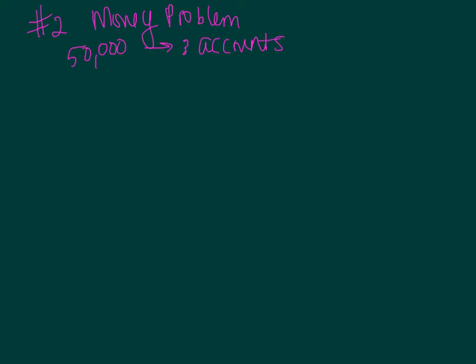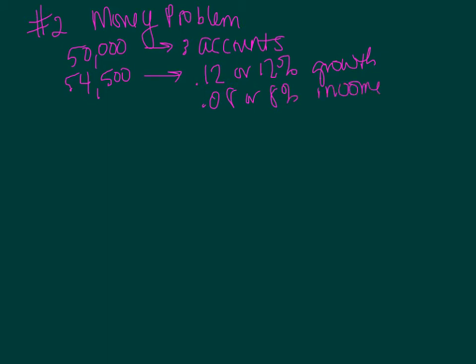At the end of 1 year, the company had $54,500 and they had earned 12% from the growth fund. They had earned 8% from the income fund, and they had earned 5% from a money market.